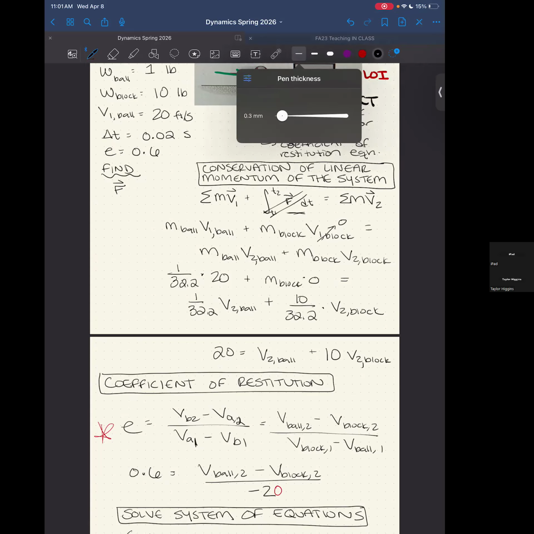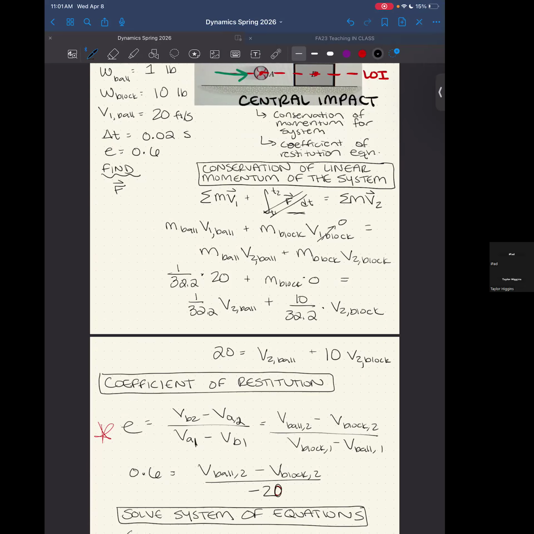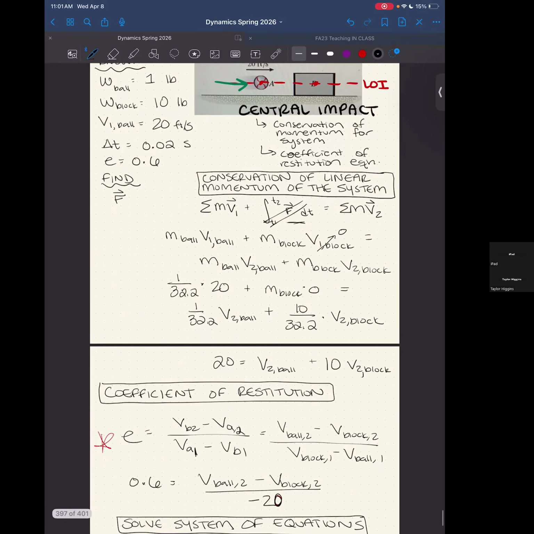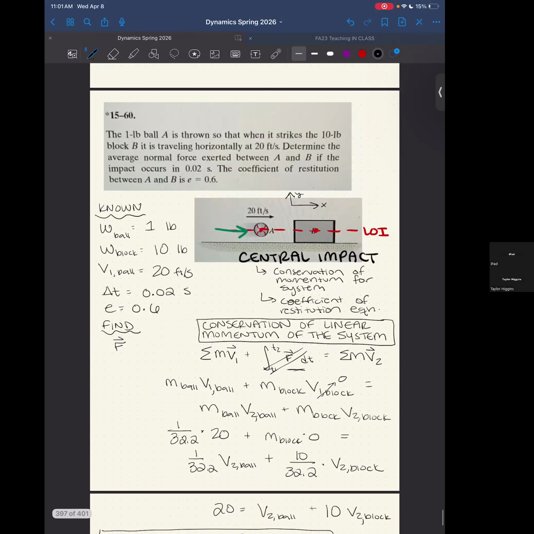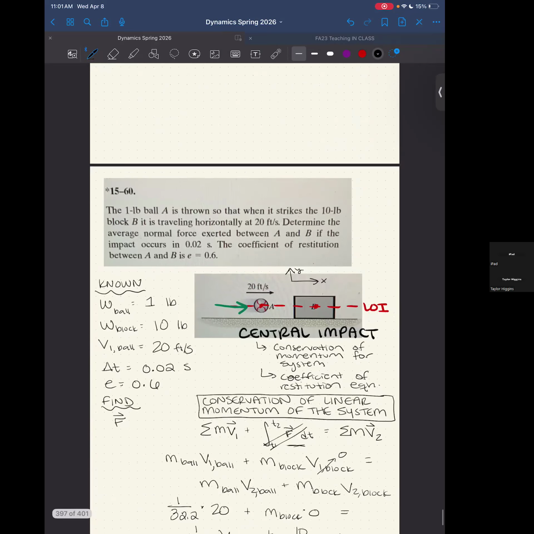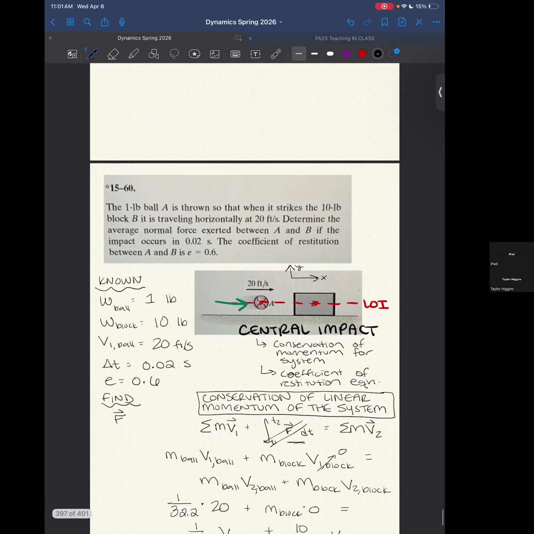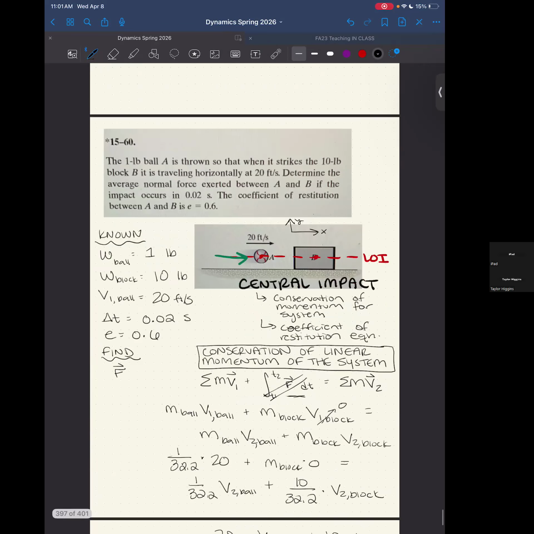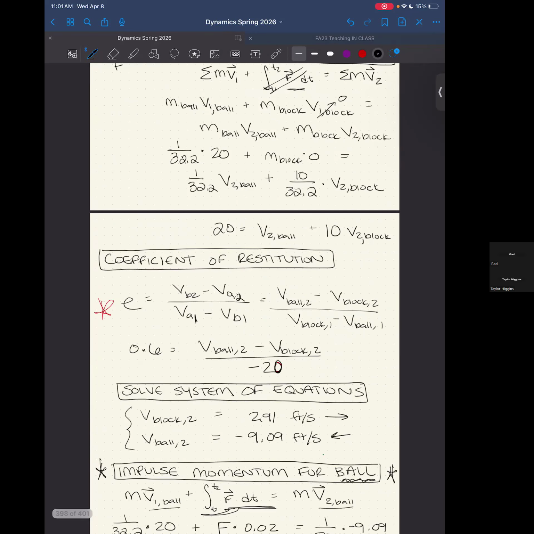I didn't know if you had divided by 10 or something. No, it really should just be the initial speed of the ball. Yeah, that really should be 20. I'm sorry, that's my fault.